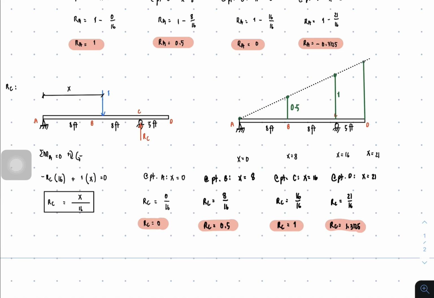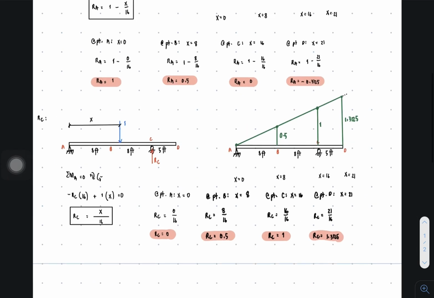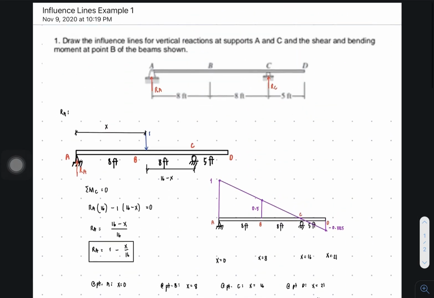So this is 1.3125. Therefore, this is the influence line of RC. So actually, for the influence line of any particular reaction, it's going to make a straight slanting line, so it's going to form triangles. So we're done with RA and RC.